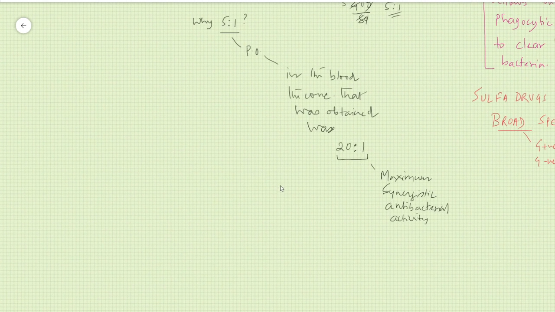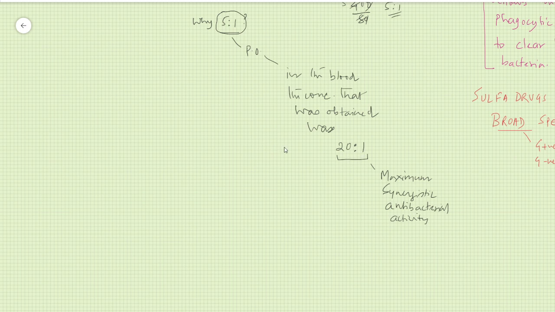So this is the reason why 5:1 is chosen. Now we know why the 5:1 ratio is chosen, because once it reaches the blood, we get it in a concentration of 20:1.